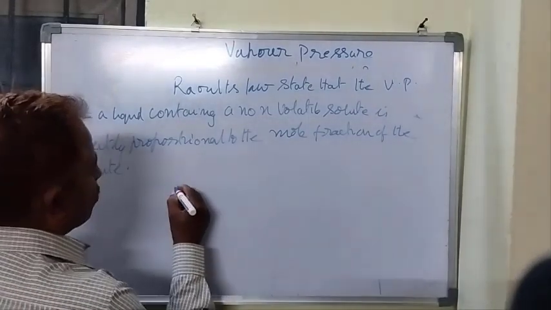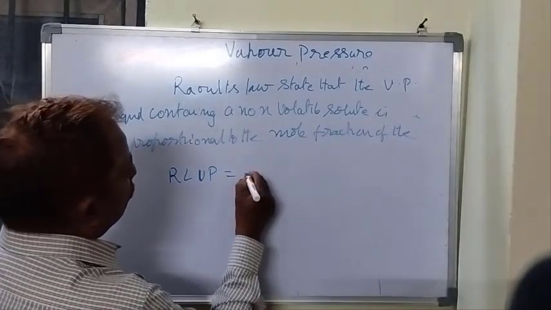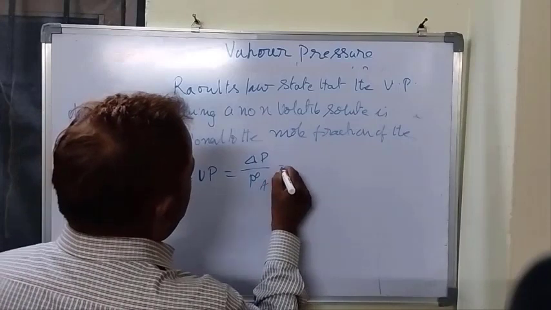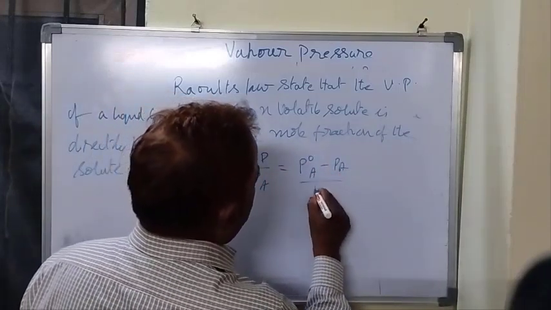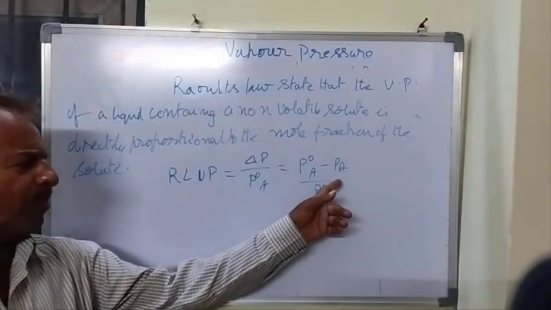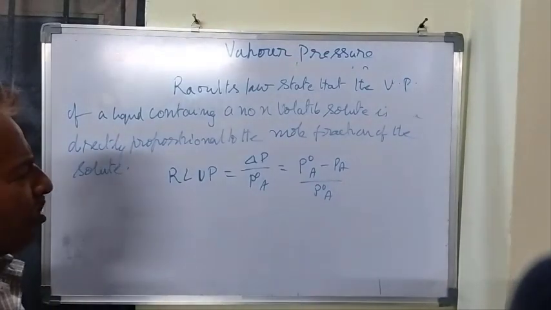So according to Raoult's law, RLVP is equal to delta P by P0A. This is nothing but P0A minus PA by P0A, the ratio between the lowering of vapor pressure and the vapor pressure of pure solvent.